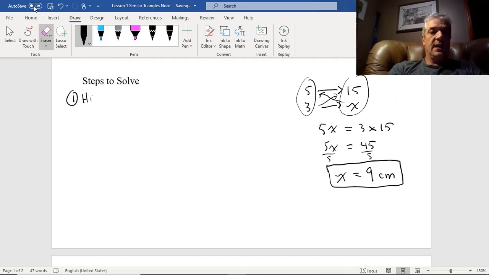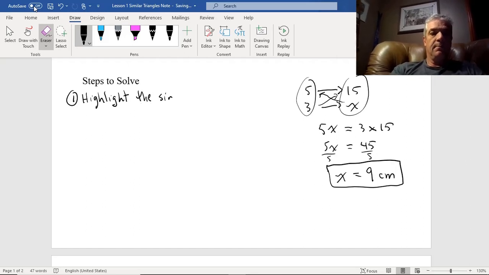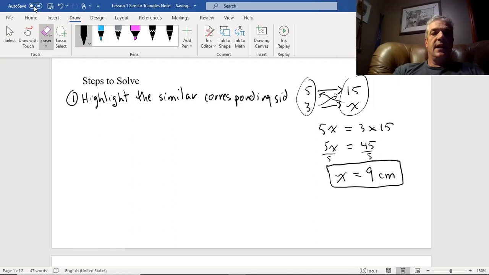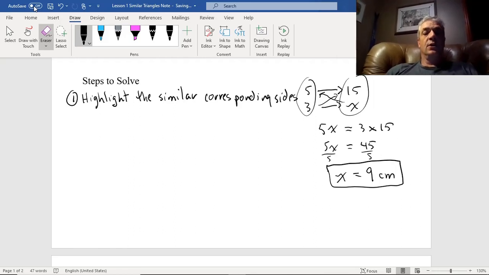So I'm going to say highlight the similar corresponding sides. And I would say that is maybe the most difficult step for students. And most students who get that, they have no problem moving along in solving this particular type of question. But if you can get that, you're in good shape.